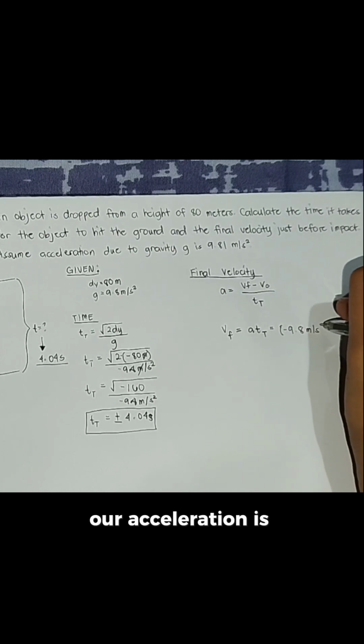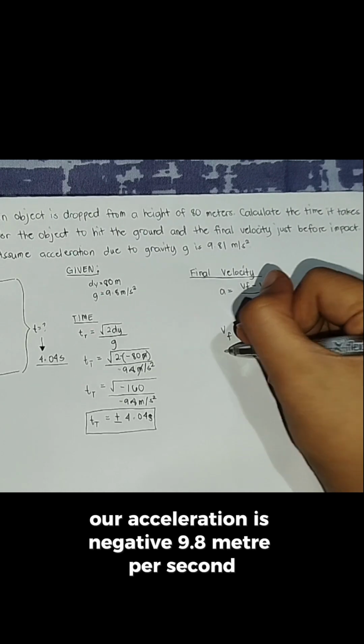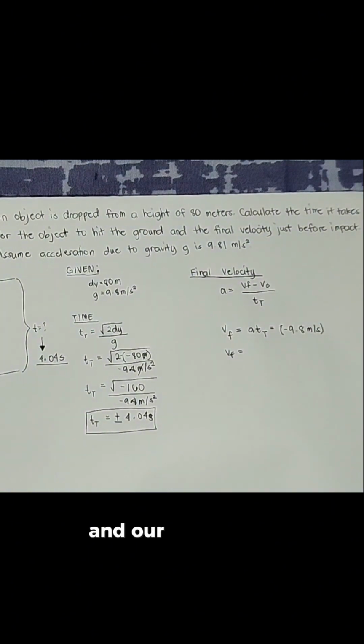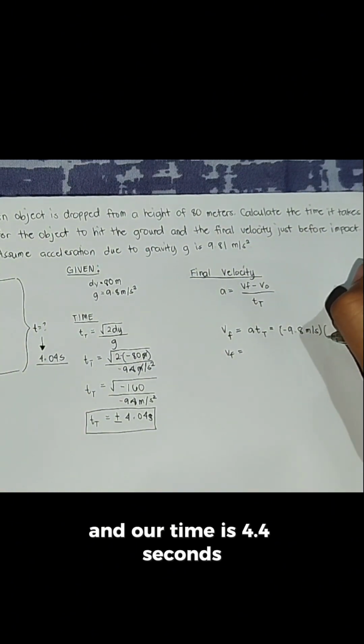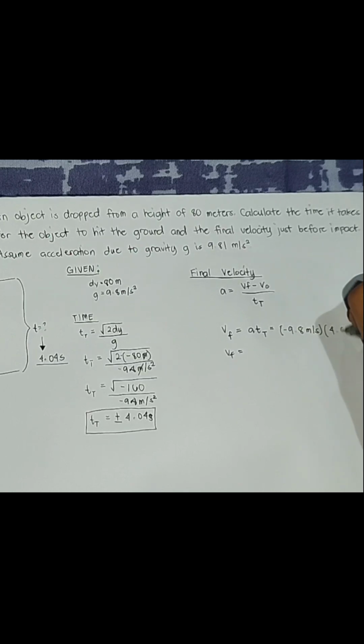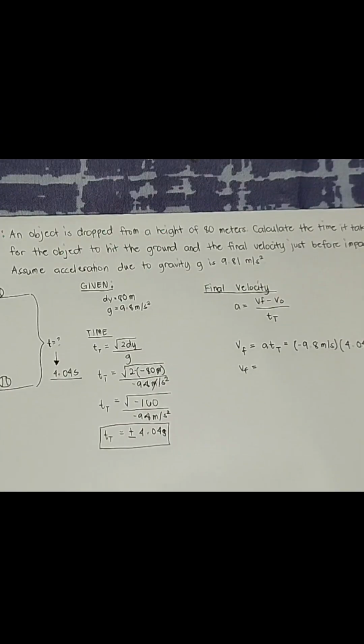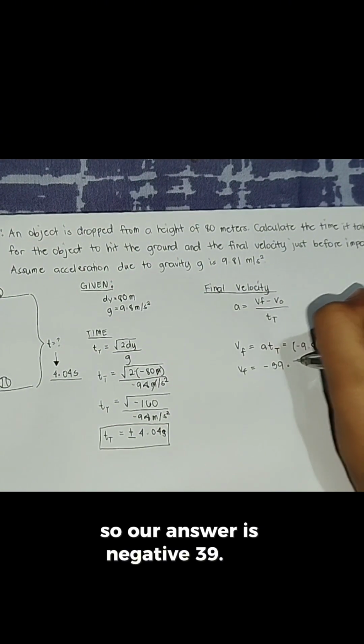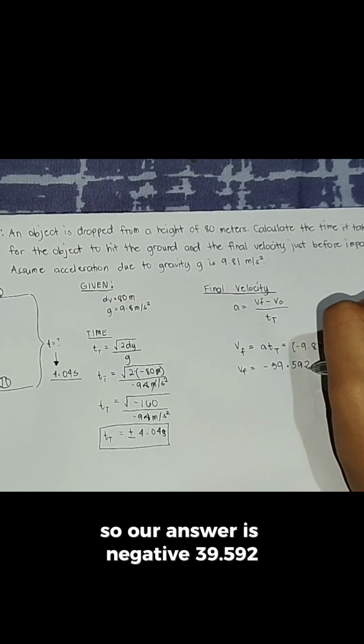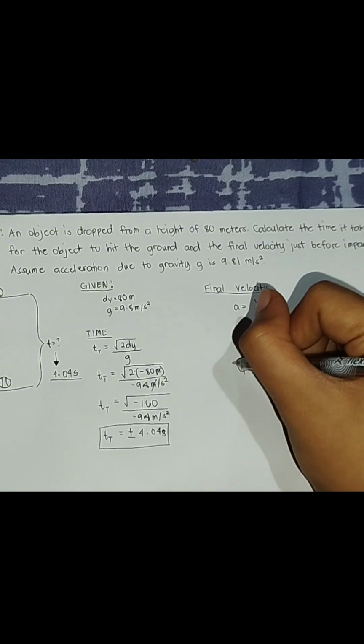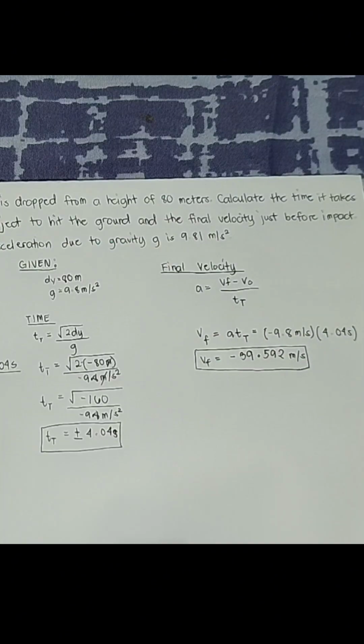Our acceleration is negative 9.8 meters per second squared and our time is 4.04 seconds. So our answer is negative 39.592 meters per second. So we get the answers.